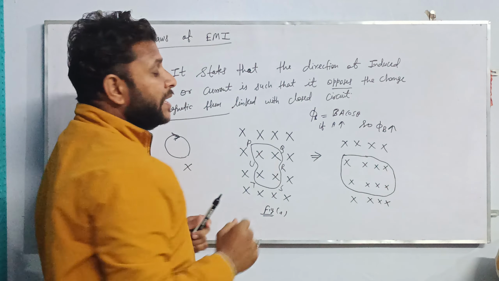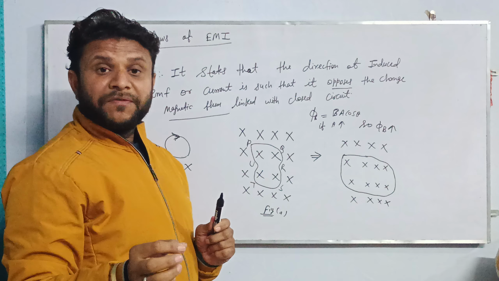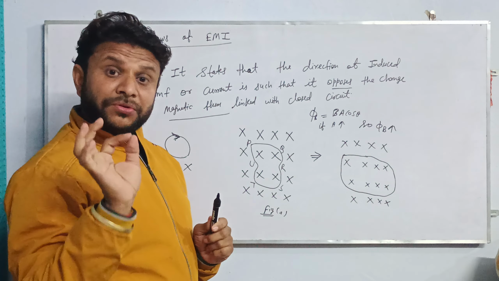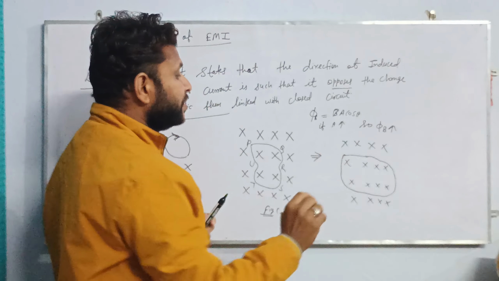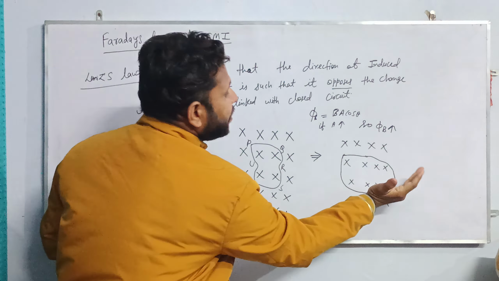According to Lenz law, this magnetic flux should be decreased, so the direction of the current should be in this way.